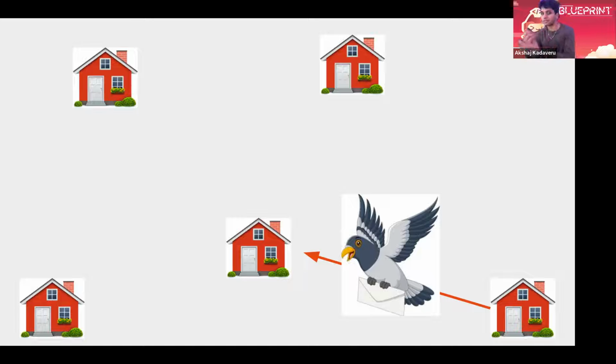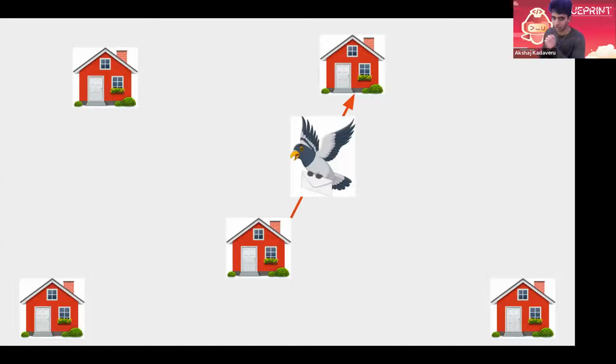And then the pigeon is going to fly over to the next house and drop the envelope there. That's the only method of communication. So you have an infinite supply of envelopes and pigeons. So you can send pigeons from house to house however you want.